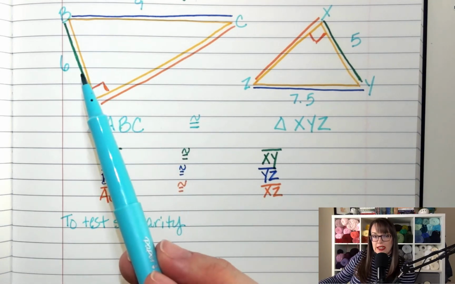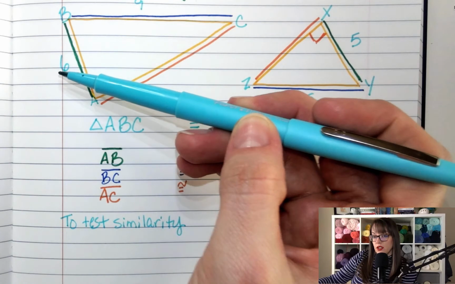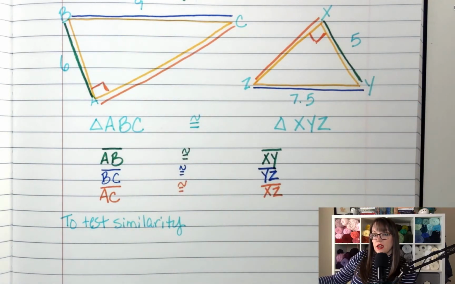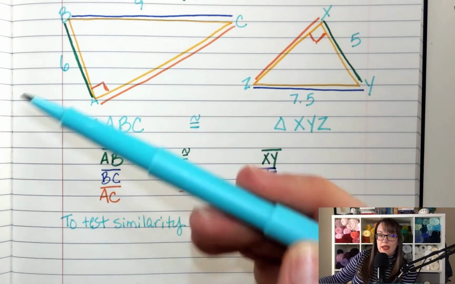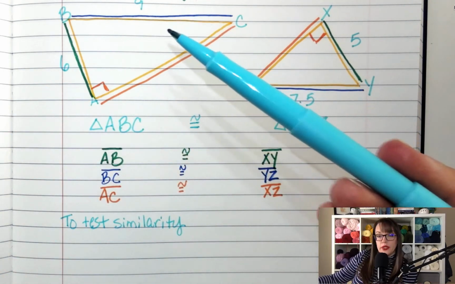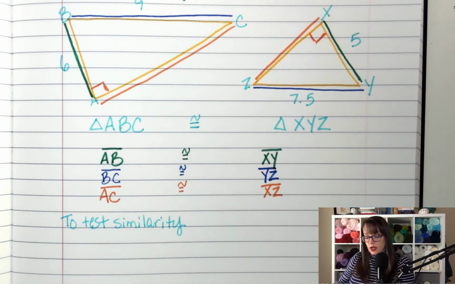So I have green line and blue line. I can do big green over little green equals big blue over little blue. I can do big green over big blue equals little green over little blue. The key is to pick a pattern and stick with it.